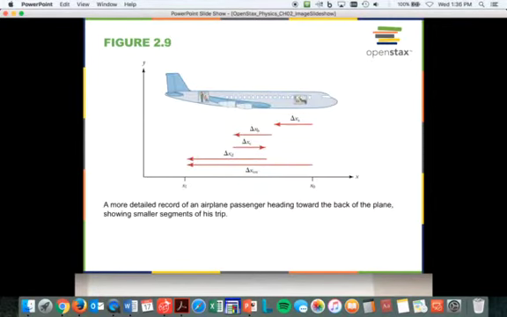So more detailed record of that passenger. Here is where he is on the plane. He goes back a certain distance, goes even further back, all the way to the back. He might have come back a little bit this way, then went back that way. So his total distance is from here to here.